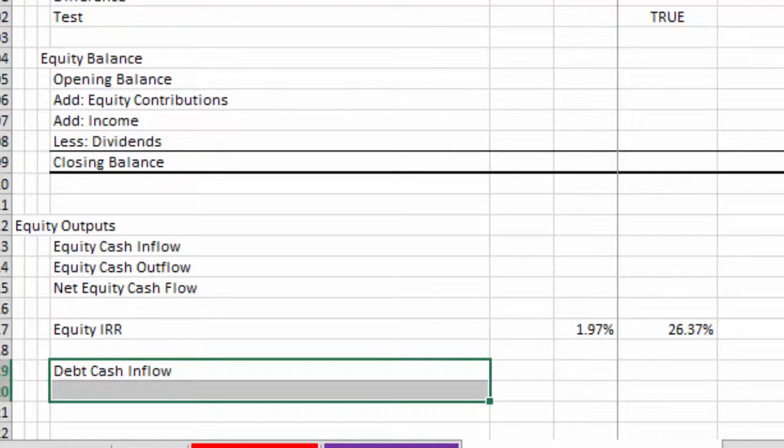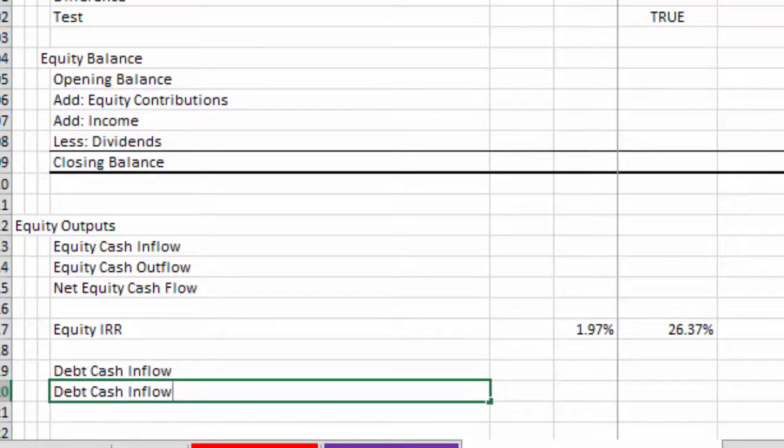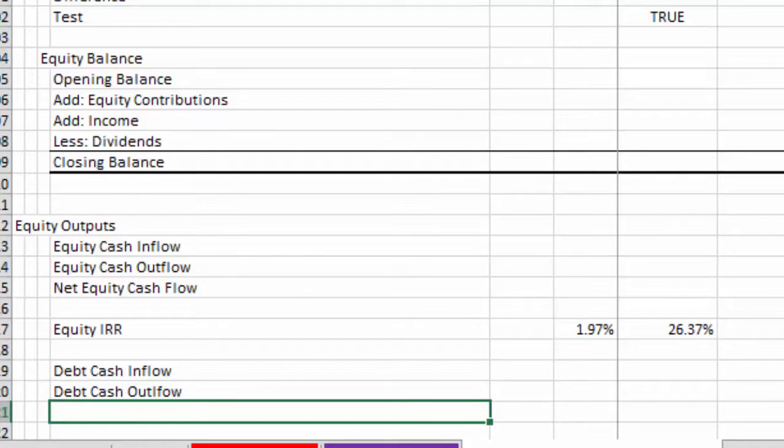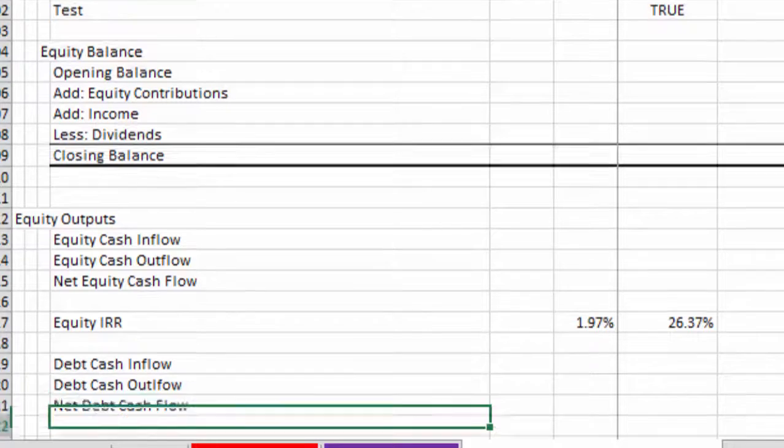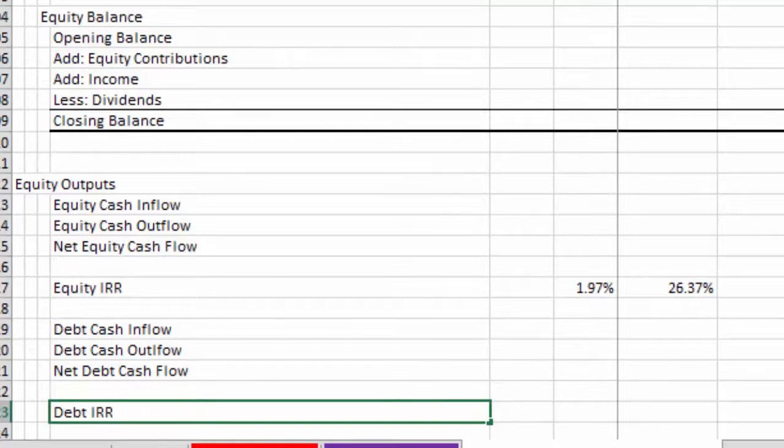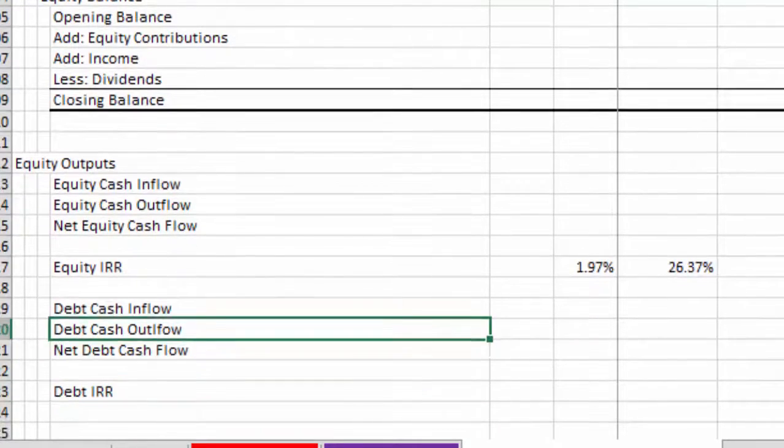It's just that the debt cash outflow is all the draws you make, the inflows, the fees, plus the interest, plus the repayments. Okay. And we can get net debt cash flow. And we can get debt IRR. Okay. You'll see that in the model in just a minute.